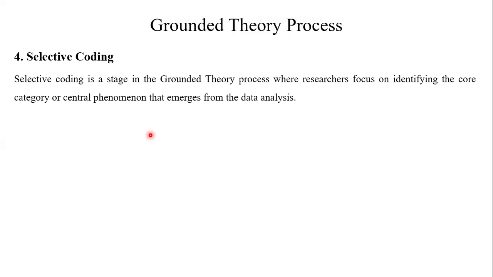In axial coding, you generate the categorization of your initial codes. And selective coding is the stage in the grounded theory process where the researcher focuses on identifying the core category or central phenomena that emerge from the data analysis. So it is basically the second categorization after your first categorization following initial coding.